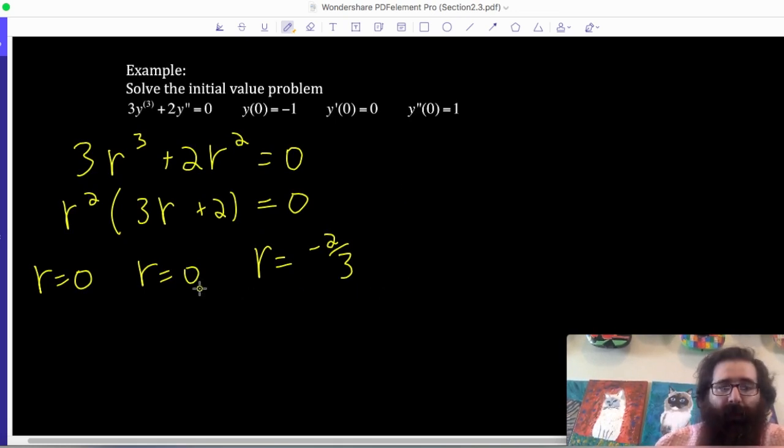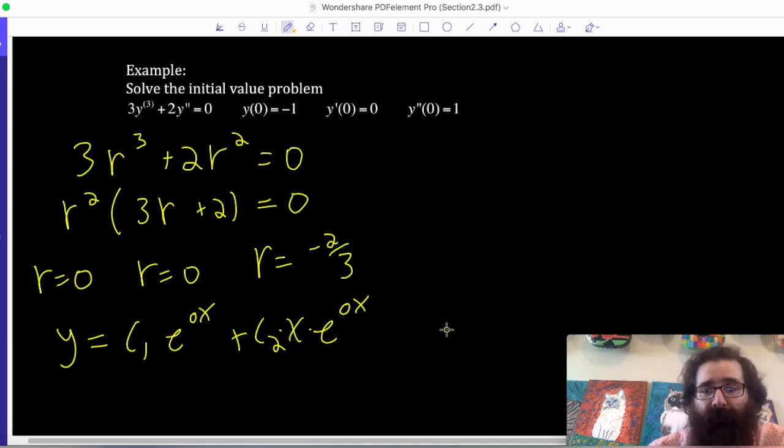So here, I could go ahead and start with r equals 0, so that's going to give me c sub 1 e to the 0x. And I have another 0, so that's c sub 2 e to the 0x, but you're going to tell me, hey, that's not good, multiply it by a factor of x to fix that repeated root situation.